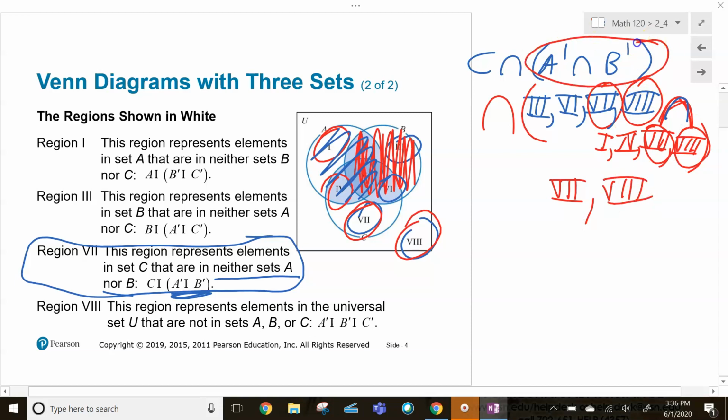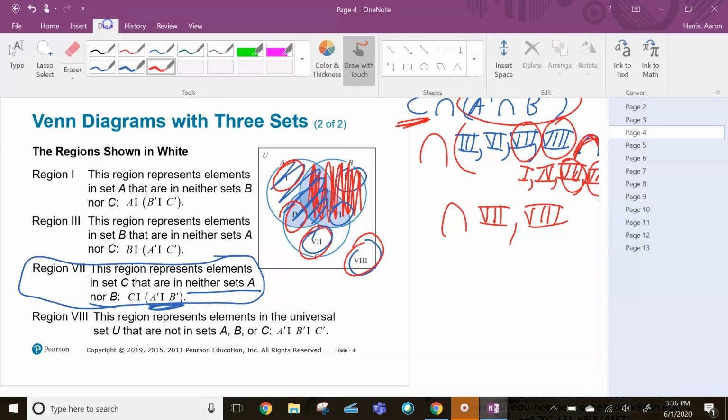Okay, so we've done not A intersection not B. But who's in C?